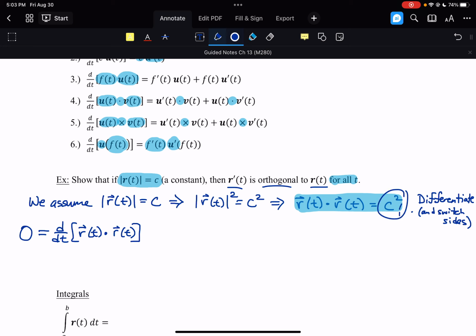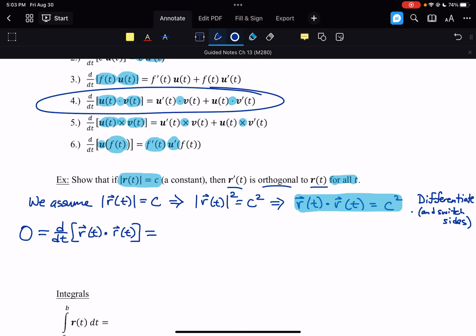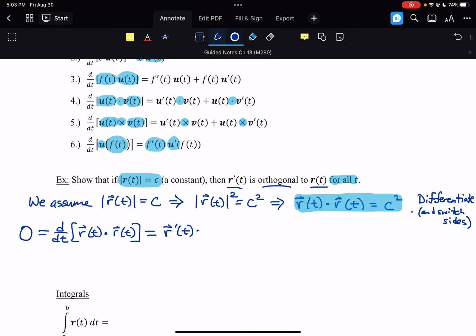Okay, so again, the c squared is a constant, so its derivative is 0. And then we have the derivative of r dotted with r. So if we go ahead and employ property 4 from up here, we get r prime of t dotted with r of t plus r of t dotted with r prime of t. And now if we recall another property of the dot product, the order does not matter.